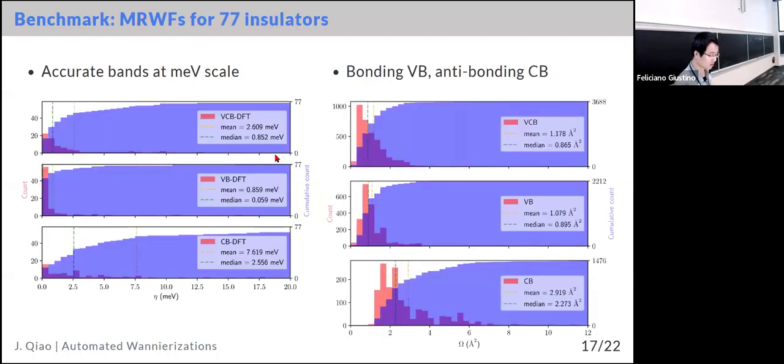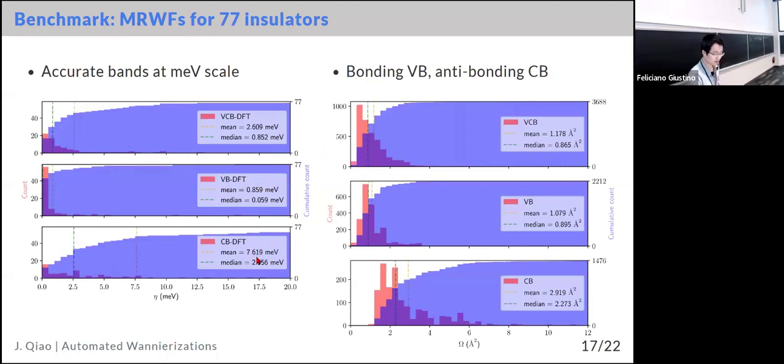And again, we do a high-throughput benchmark to validate that the result really works for various kinds of chemical systems. We first do this valence plus conduction using our PDWF, and then we separate these into the valence band. You see these are even more accurate, less than 1 electron volt. For conduction bands, the interpolation error is higher.